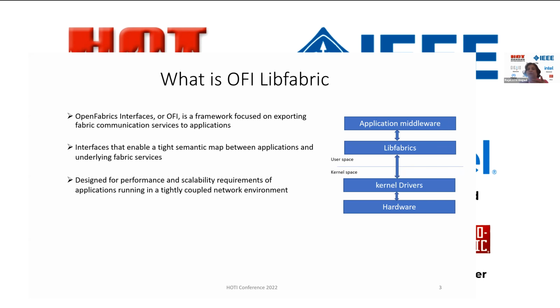For example, there could be different kinds of applications on the top, and Libfabric provides the interface to those applications. At the bottom, there could be different networking interfaces provided by different vendors, and they could have different providers, and it provides that mapping, and it also exposes those additional features to the application middleware so that they can be easily designed.